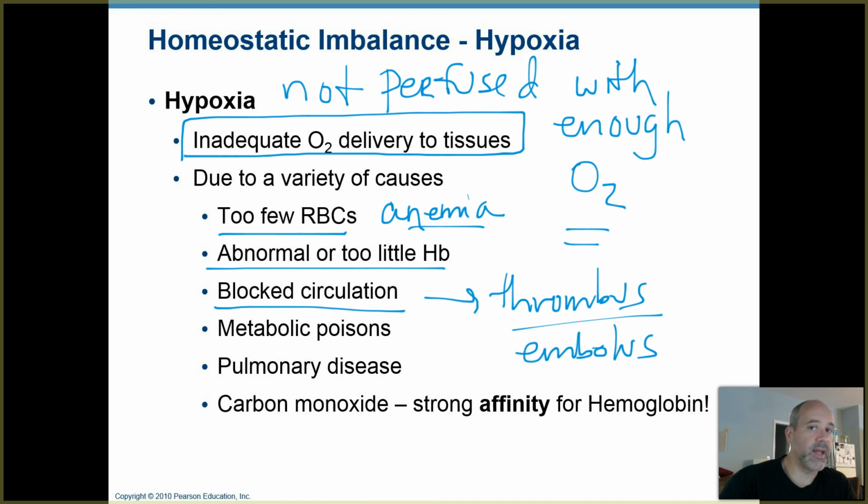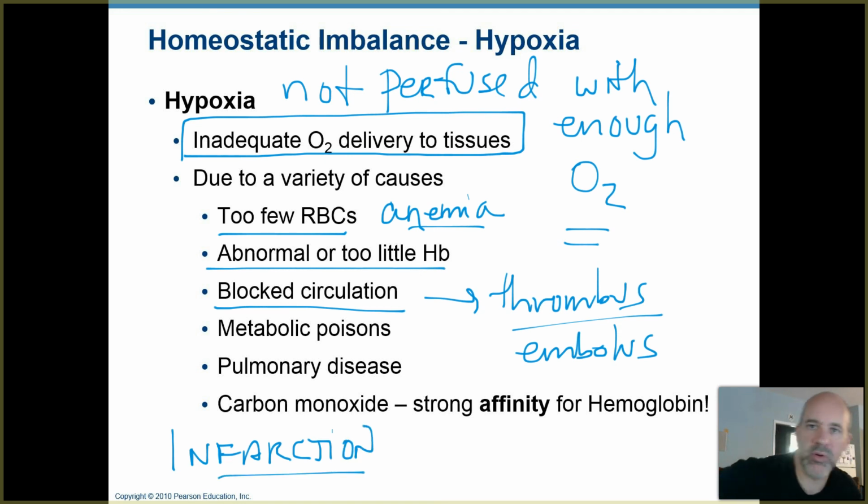If hypoxia kills tissues, remember, that's called an infarction, like a myocardial infarction. A portion of the myocardium in your heart has died because it's not receiving oxygen gas. It has experienced hypoxia for too long of a period of time. There are metabolic poisons that can cut off oxygen supply to tissues.